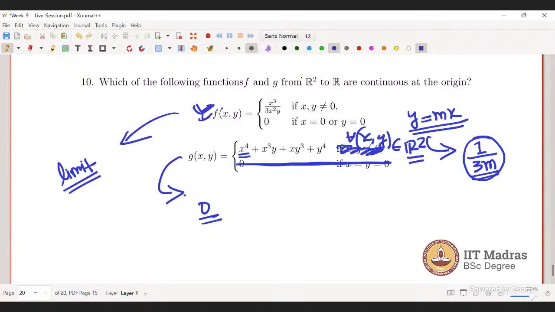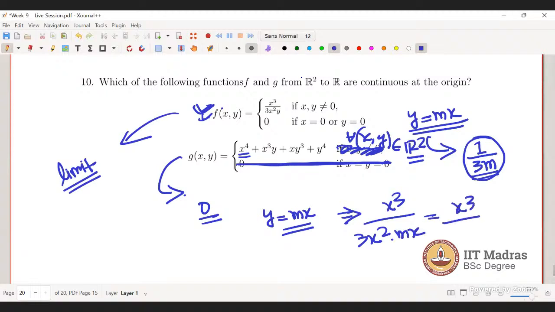Someone was asking about the 1 by 3m. If you put y equal to mx over here, you get x cube by 3x square into mx, which is nothing but x cube by 3m x cube, which is 1 by 3m.